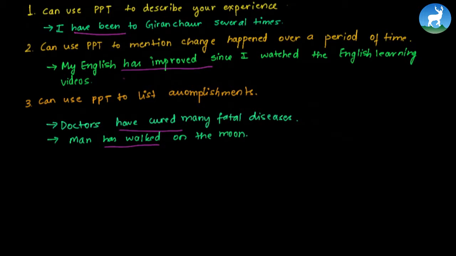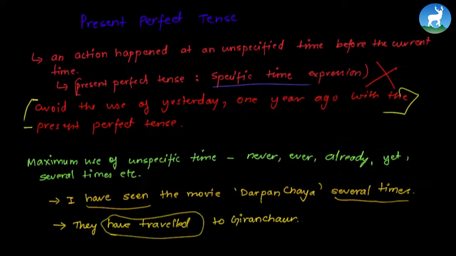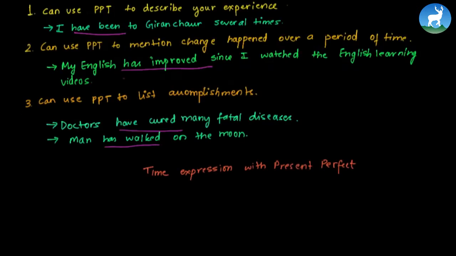Now we'll look at how to use time expressions with the present perfect tense. In the previous slide, I told you that we do not use specific time expressions, whereas now I am going through time expressions with present perfect.